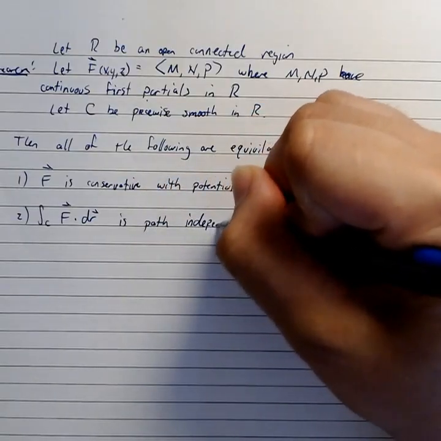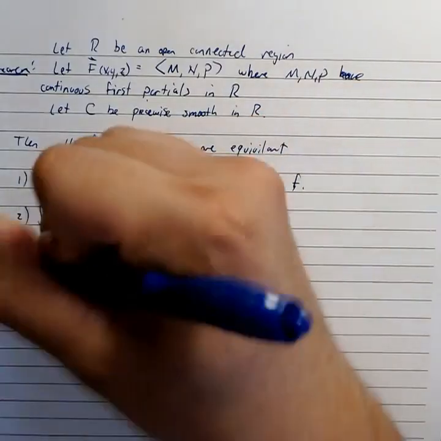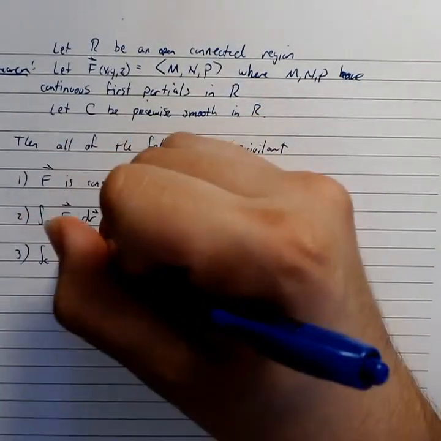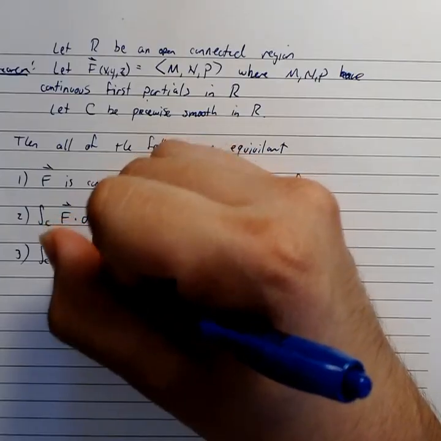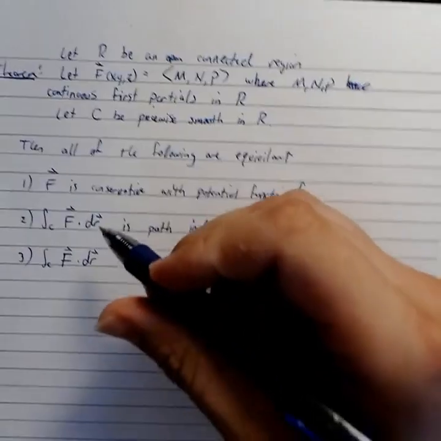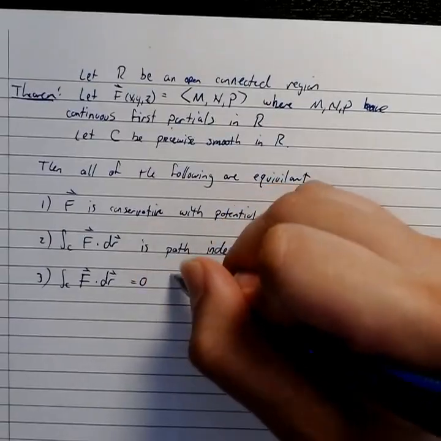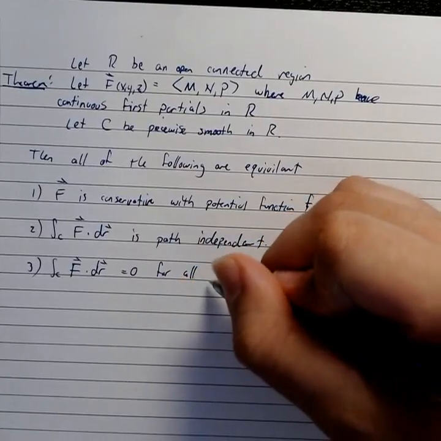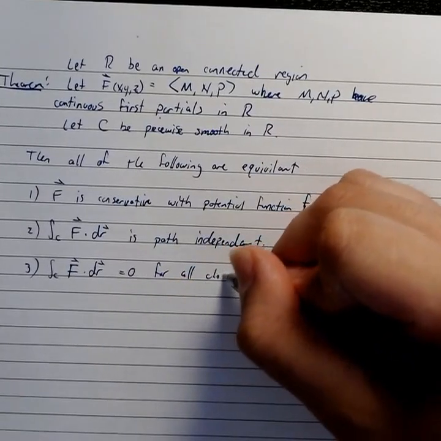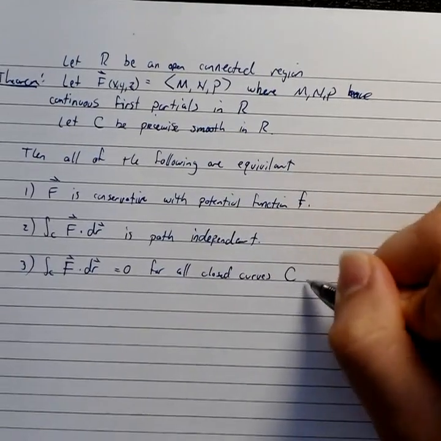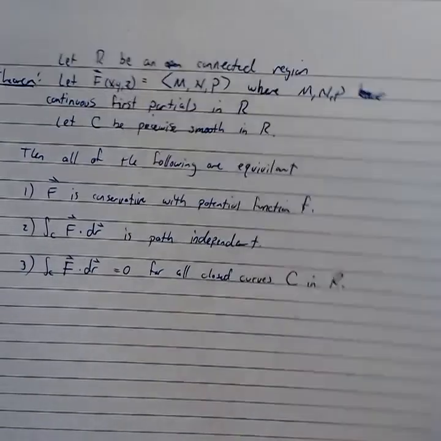And 3, that the line integral over C of f dot dr is equal to 0 for all closed curves C in R.